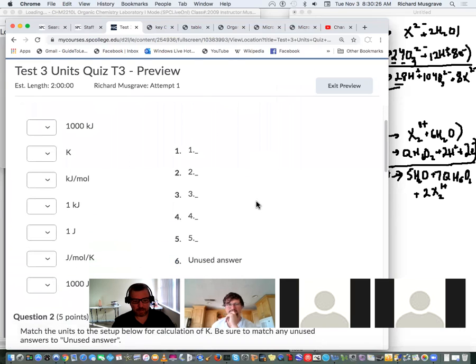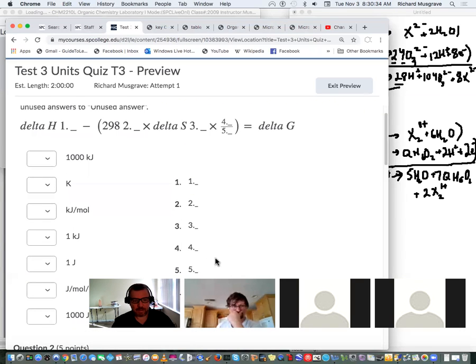So yeah, it looks like this. And you'll notice there's this unused answer. So for anything you don't choose as an answer, you have to put it in the answers here. So for this one, delta H has the units kilojoules per mole. So that'd be 1. And then 2 would be Kelvin.